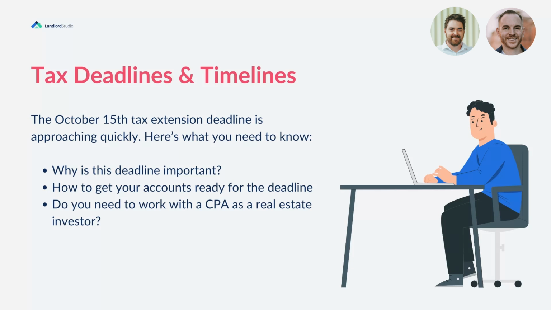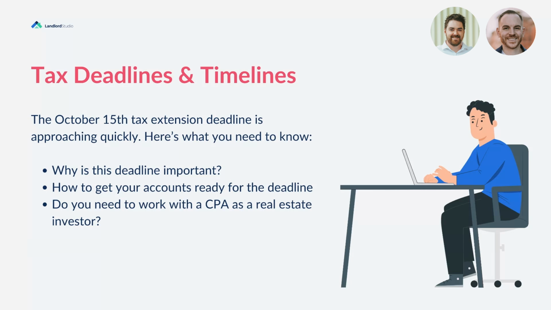If you do not, get it to them as soon as possible and make sure you're on track to file, because if you don't file, you could be facing penalties for failure to file, and then potential other penalties if you do owe taxes. Long story short, it's the tax filing deadline for individuals.